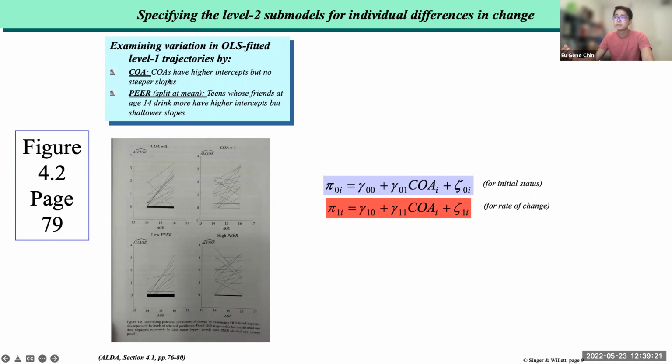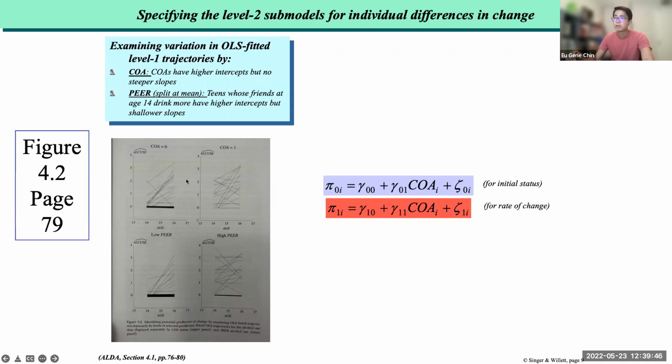So we can see over here, for example, that kids whose parents are alcoholics, that's represented by COA equals 1, do seem to have a higher intercept compared to kids whose parents are non-alcoholics. That means that kids whose parents are alcoholics tend to drink more alcohol when they're age 14. So that may make sense.